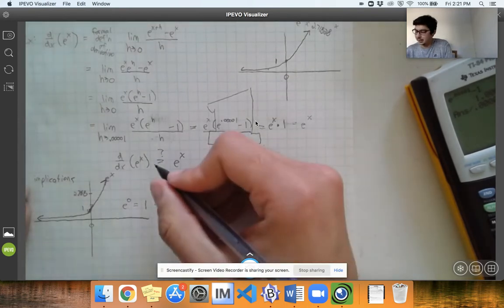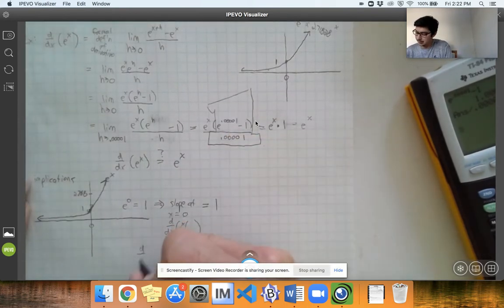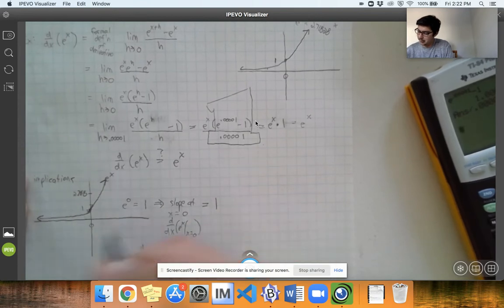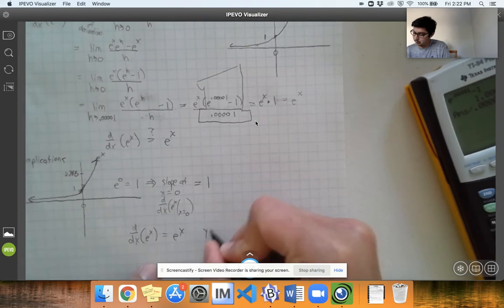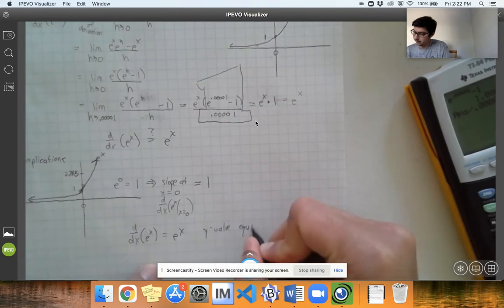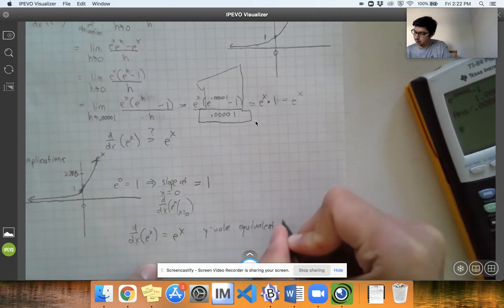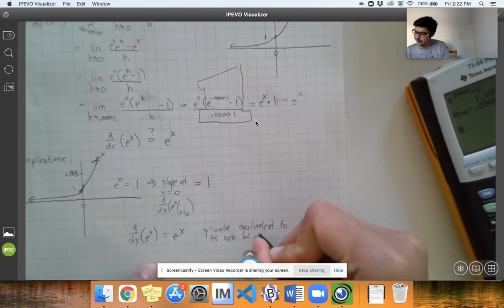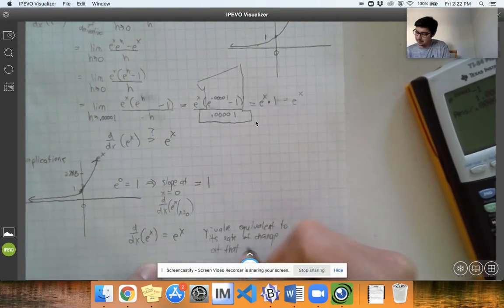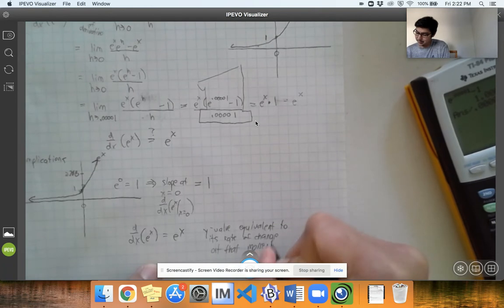Right? So what that is saying is the fact that the derivative of e to the x equals e to the x means that the y value is equivalent to its rate of change at that moment. And it's quite interesting, honestly.